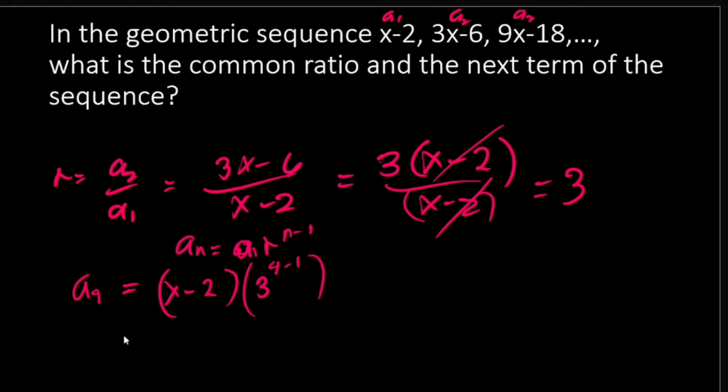So let's simplify the equation. We have x minus 2 times 3 cubed. And we know 3 cubed means 3 times 3 times 3, and that's equal to 27.